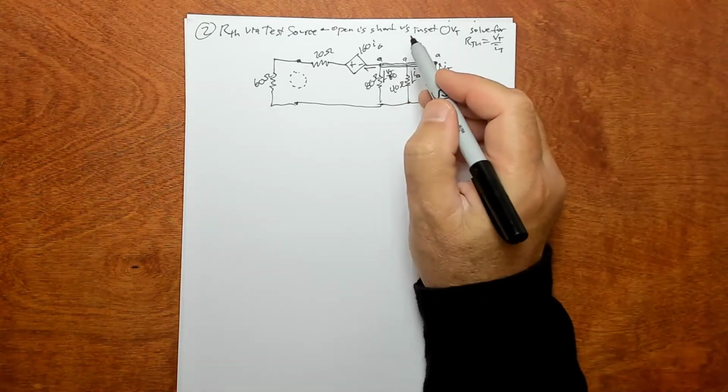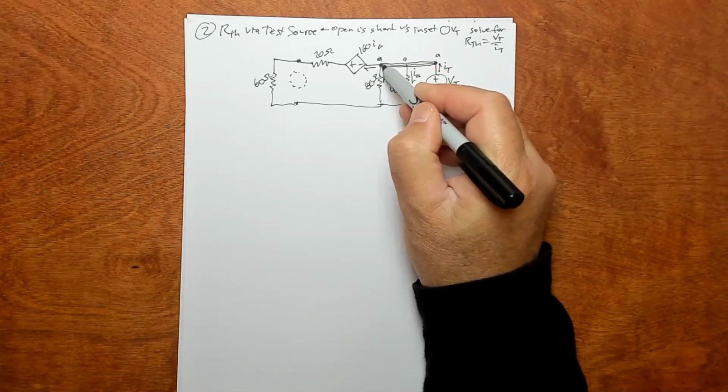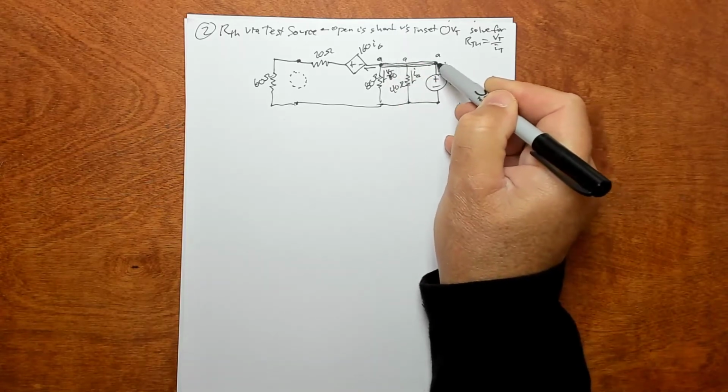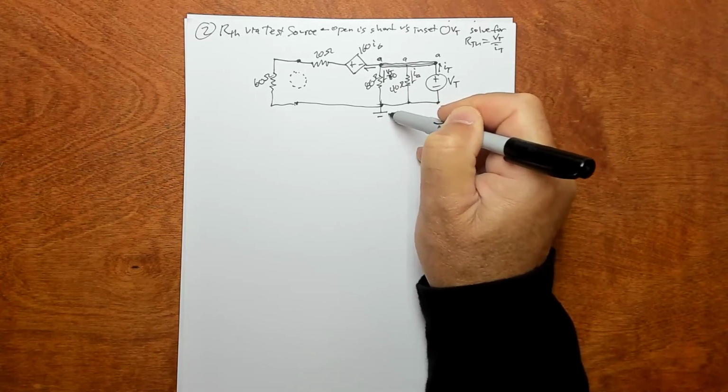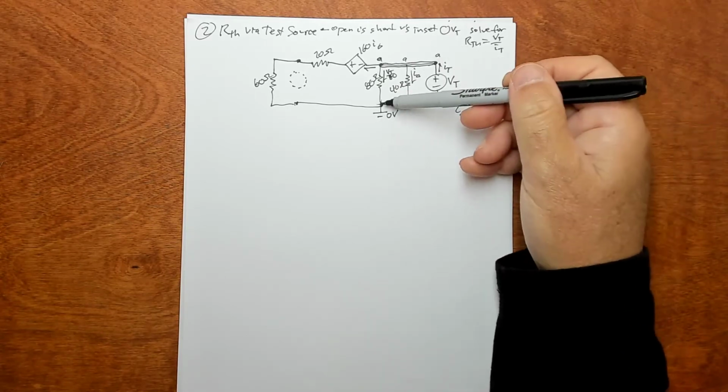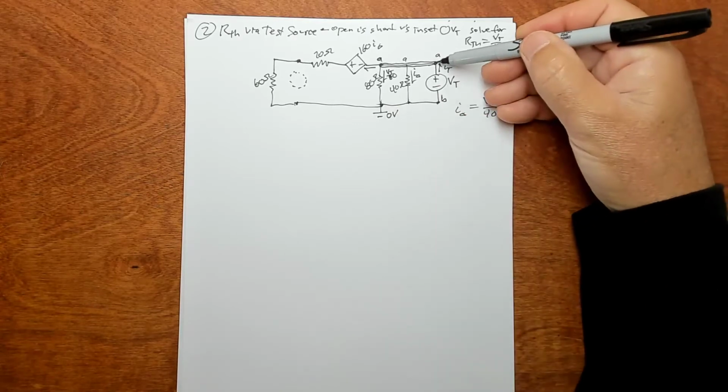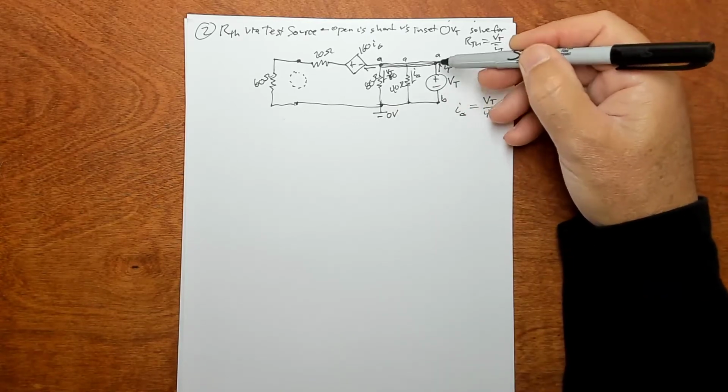So we know the voltage at this terminal, at terminal A, is VT. We're still sort of using this as 0 volts down here. We know that the voltage across AB is VT.